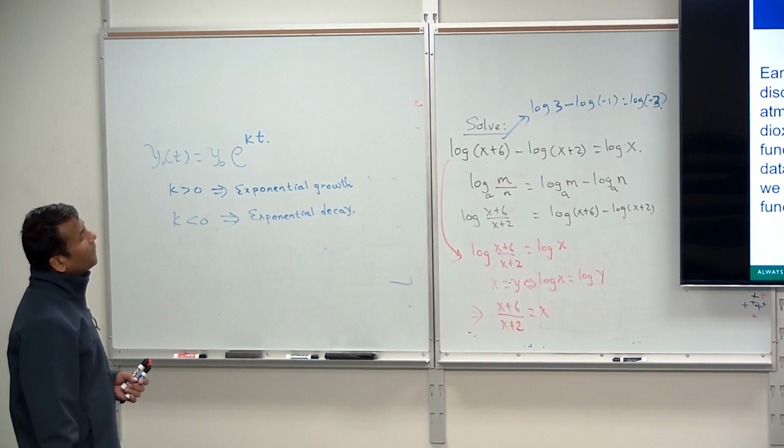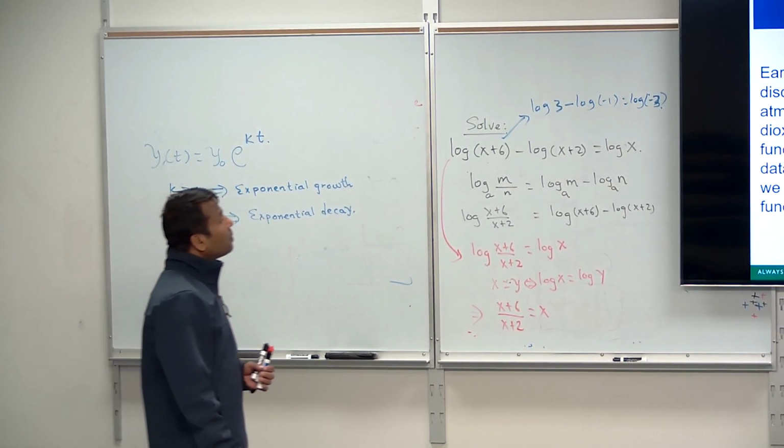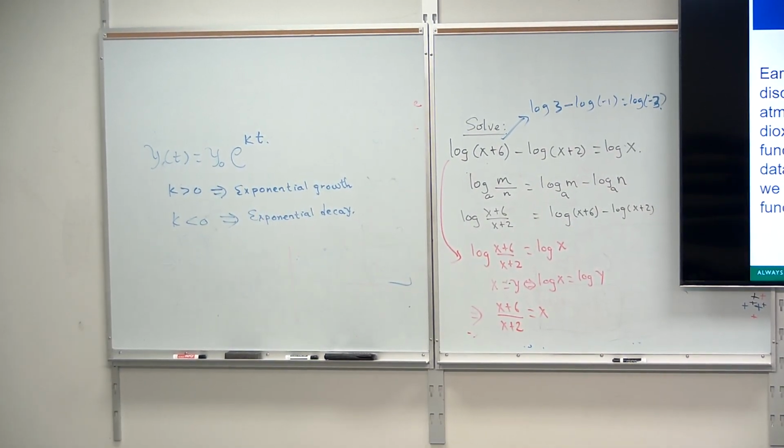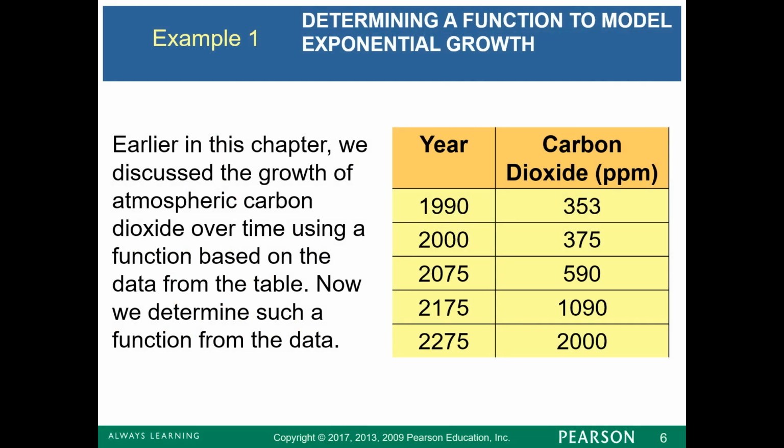So look here, guys, in this problem, can you read this? You see the growth of carbon dioxide over time, using a function based on the data from the table. Now we determine such a function from the data.